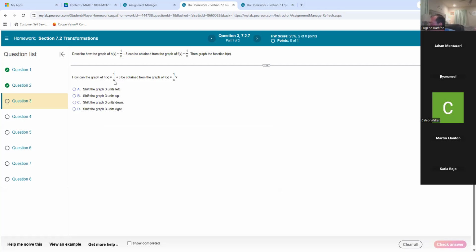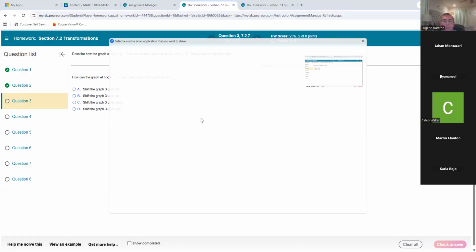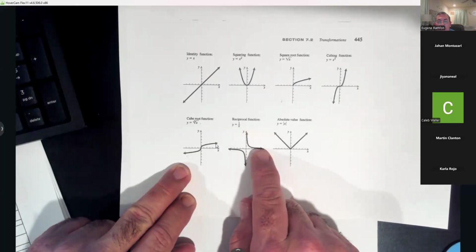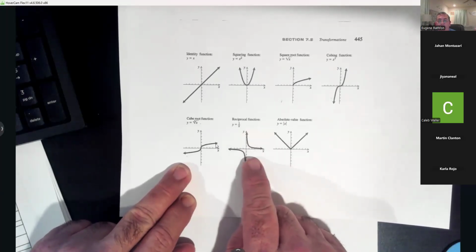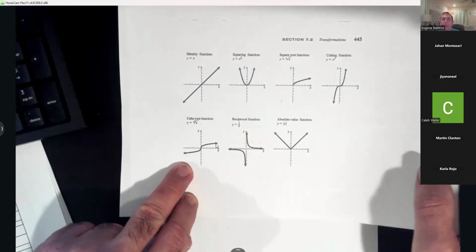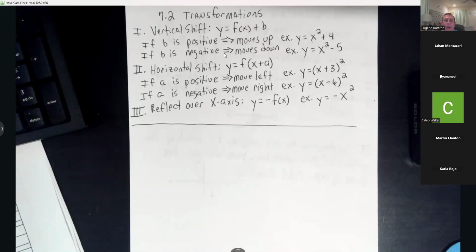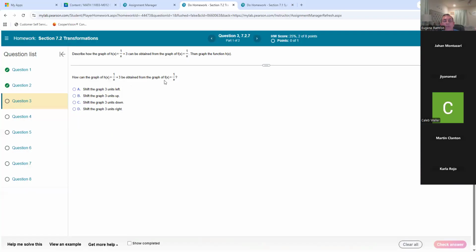All right, y'all, the 1 over x, let me show y'all the basic graph on it. So for the 1 over x, the basic graph is this one right here. So now, going back into the math lab, and they're telling you it starts with the graph of 1 over x.